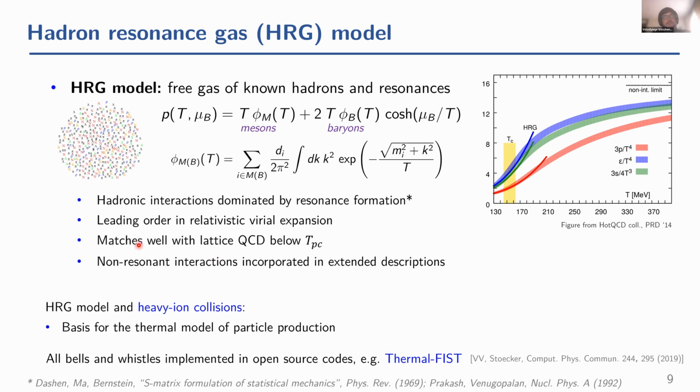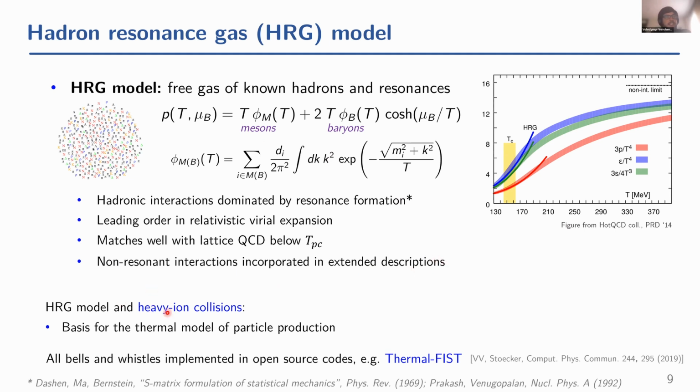An important test of the HRG model is comparison with the lattice QCD equation of state that I already mentioned: it agrees with the QCD equation of state where it should agree, namely up to and even in the region of the QCD transition. And there are extended descriptions of the HRG model, which can incorporate additional interactions, like, for example, hardcore repulsion. And this can also be done.